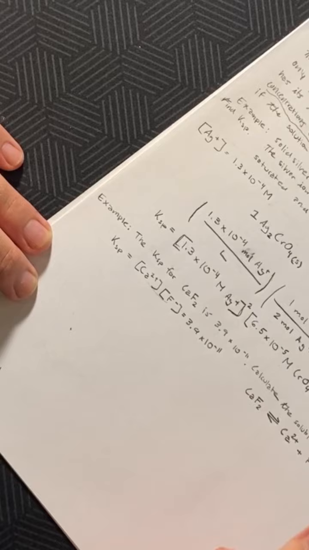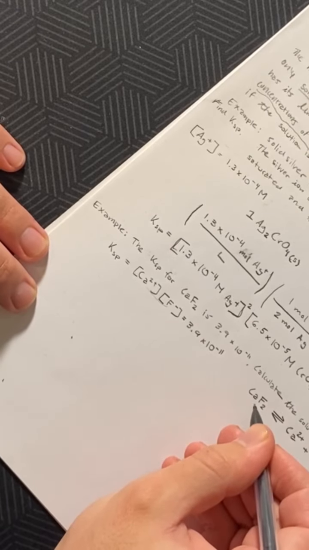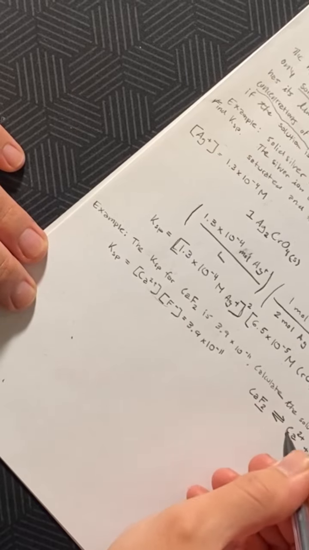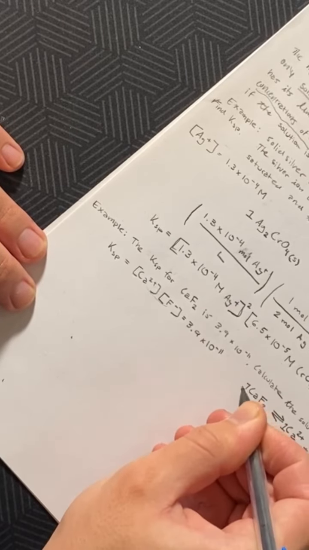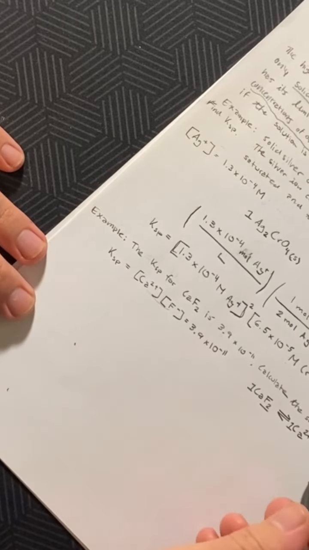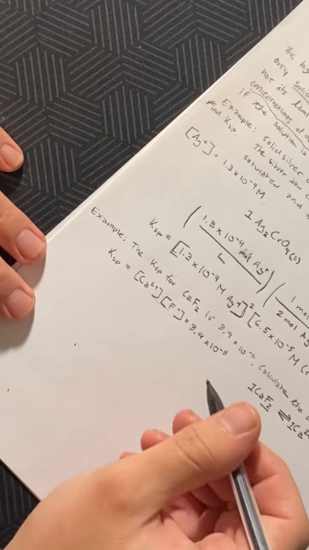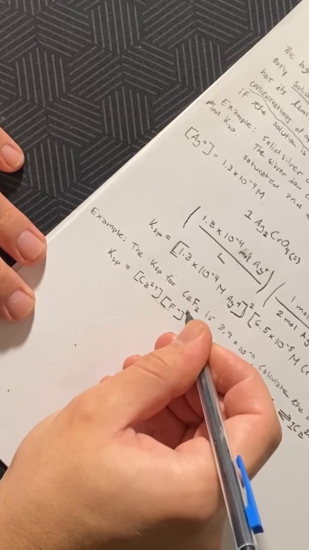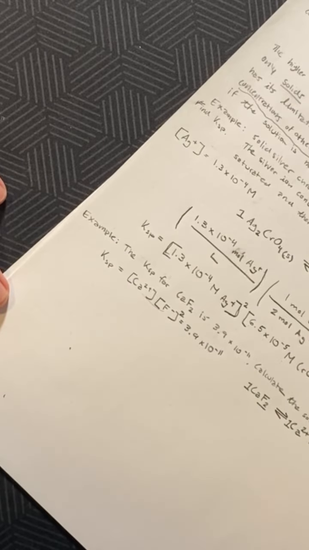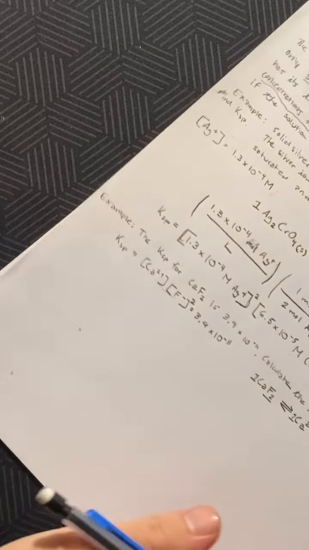So this isn't balanced because on this side of the equation we have 2 fluorides, in this side we only have 1. So we can just put here that 2, and yeah, it's balanced. So now we know that the concentration of fluoride is going to have an exponent of 2.